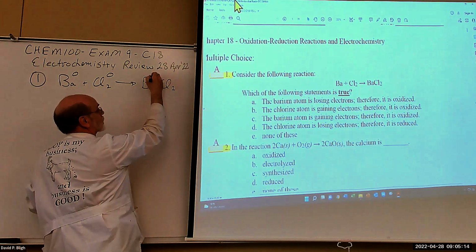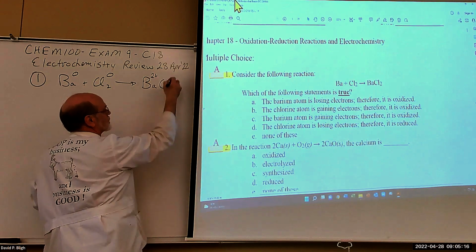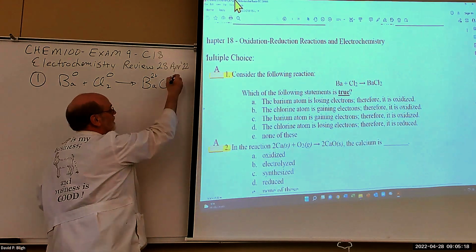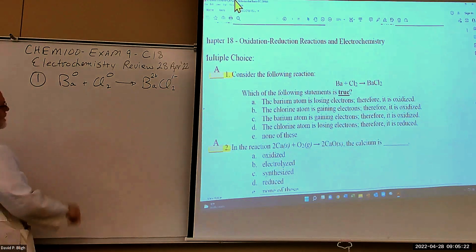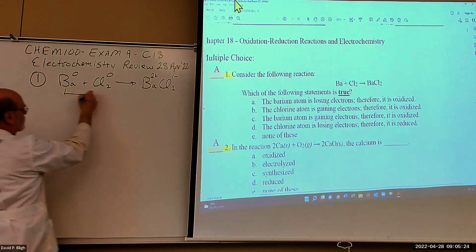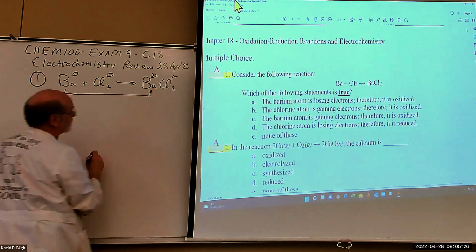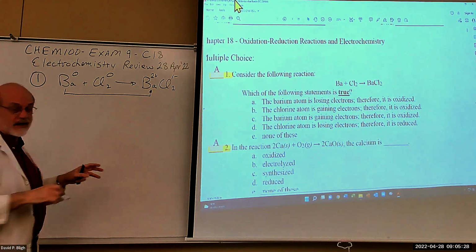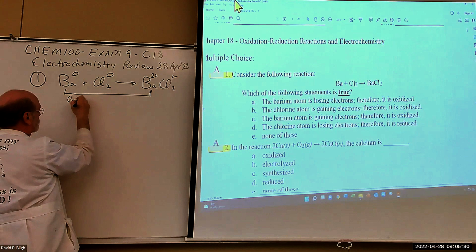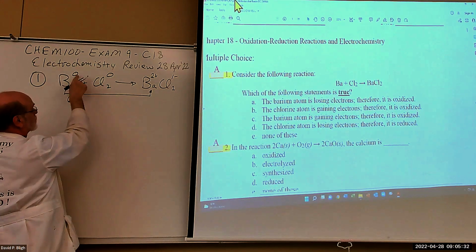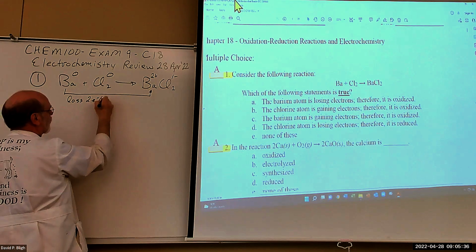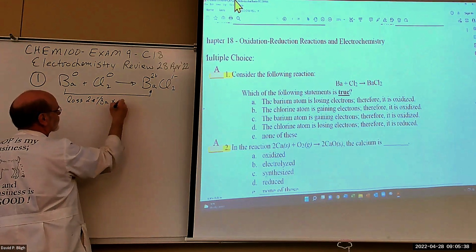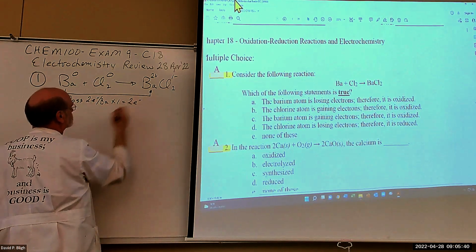This one's an alkaline earth, so it's a 2+. This is a halogen, so it's a 1-. So what's happening to the barium? Barium has lost electrons because it went from a 0 to a 2+. It lost 2 electrons per barium times 1 equals 2 electrons.